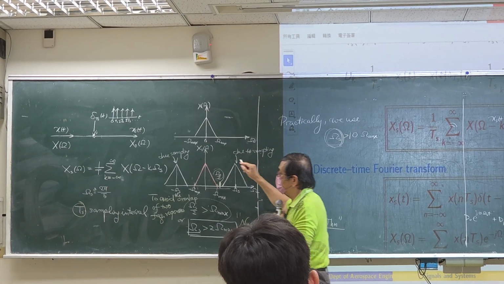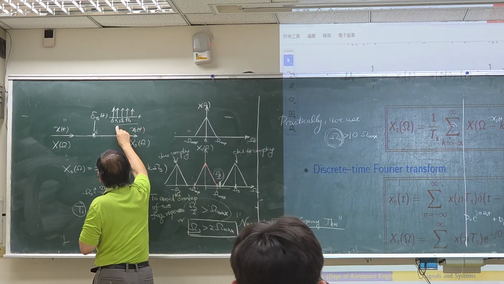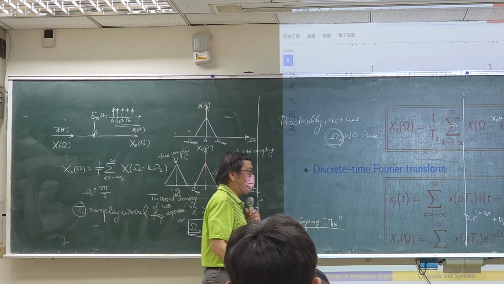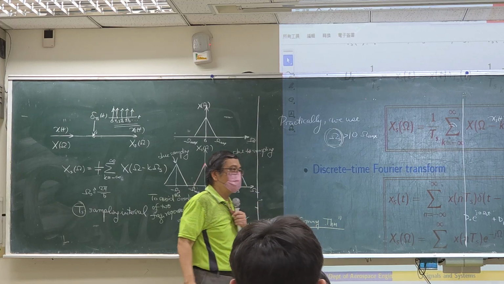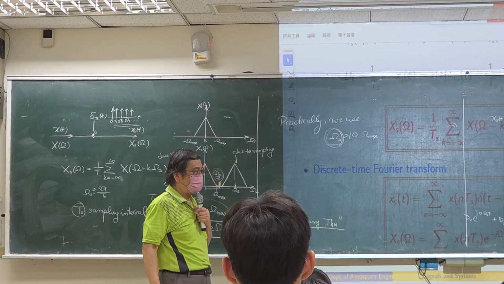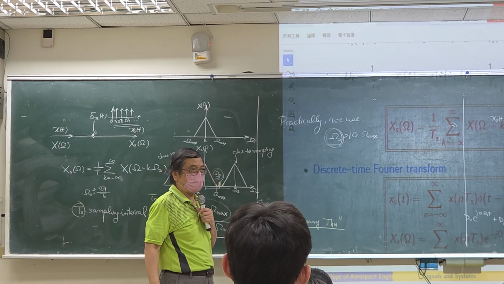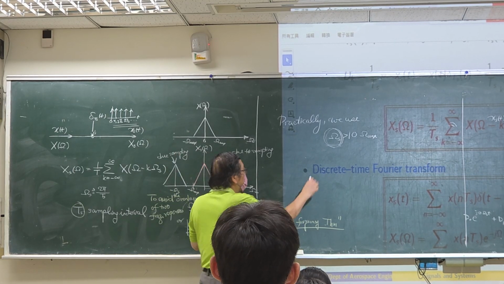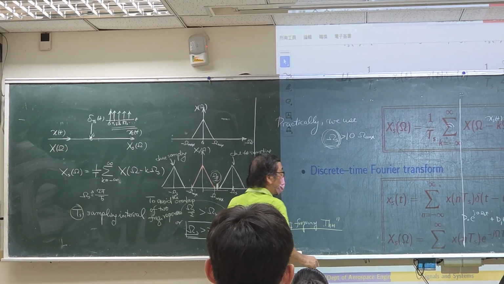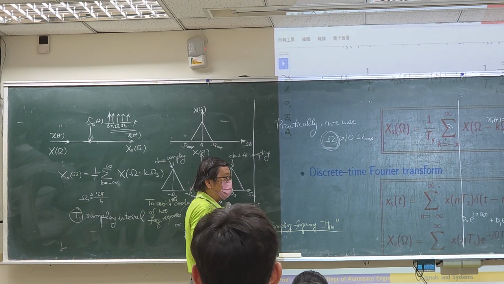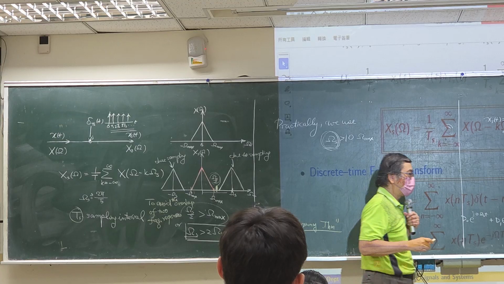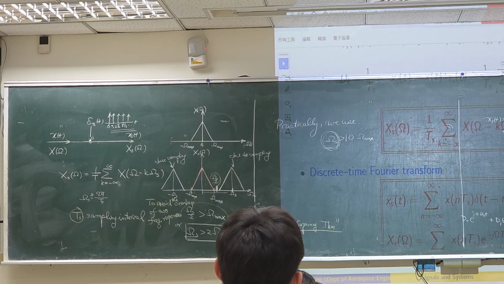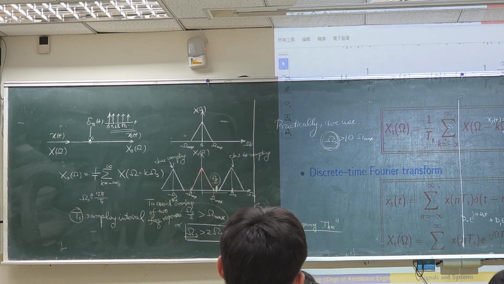You need your sampler to be fast enough to overcome unwanted phenomena. But in the meantime, you also have to consider what cost you are going to pay for that. Because faster means money. If you use a very fast sampler, you are going to pay lots of money for that. And another thing you have to think is, do you really need such fast sampling?